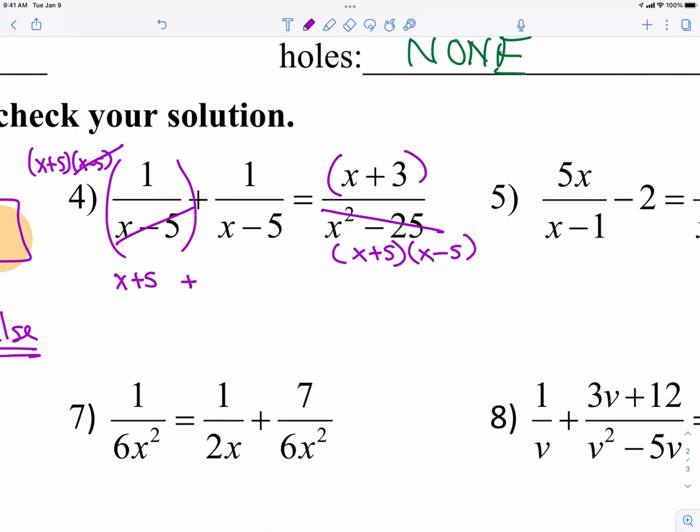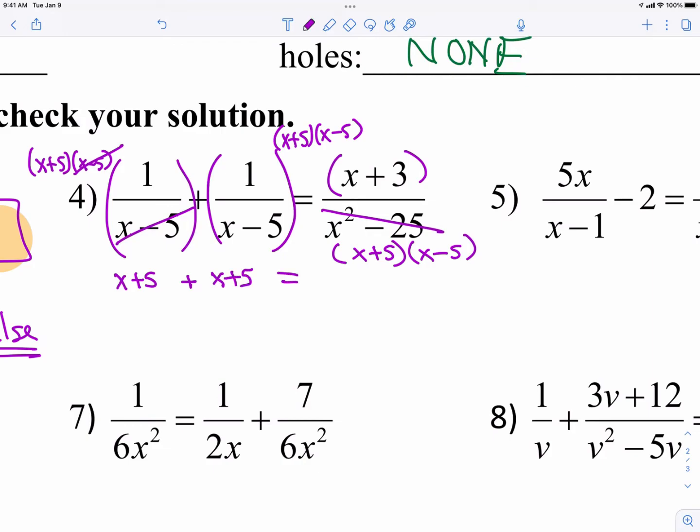Okay, plus, then if we take this second fraction and multiply by our LCD, then we're going to get the x minus 5 canceling with this x minus 5 again, and that leaves us with x plus 5 times 1, and that's x plus 5 again.